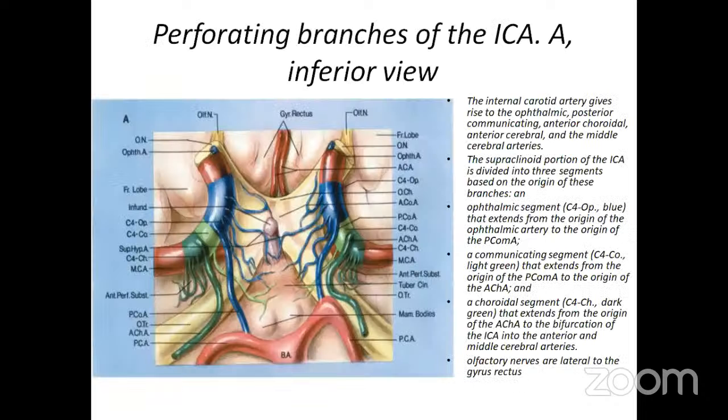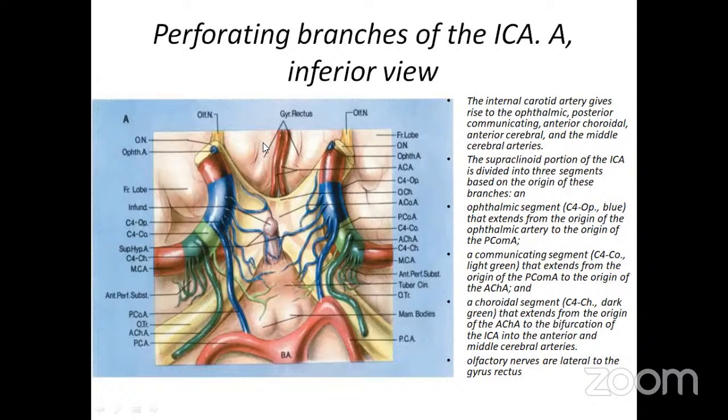So now, discussing the perforating branches of the internal carotid arteries. In this image, this is the inferior view of the internal carotid artery and its perforating branches. We can see the important structures: this is the frontal lobe, this is the gyrus rectus.